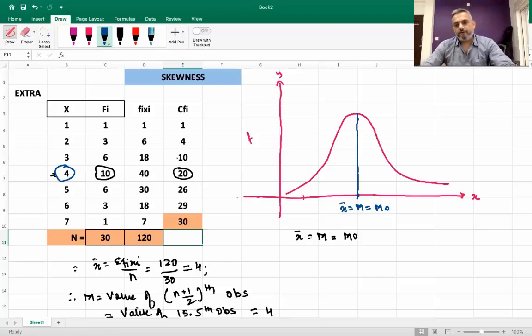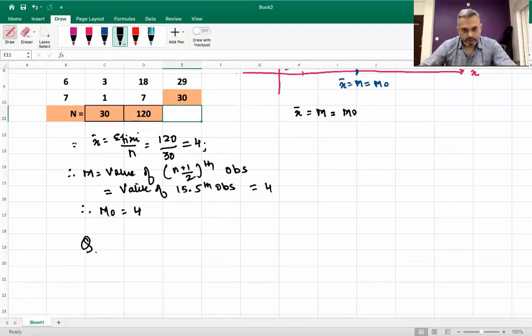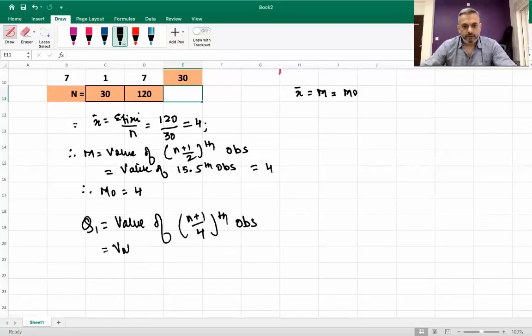Now, in case you go and find out Q1 and Q3, let's find it out. Q1 is equal to value of n plus 1 by fourth observation, which is equal to value of 30 plus 1 divided by 4.